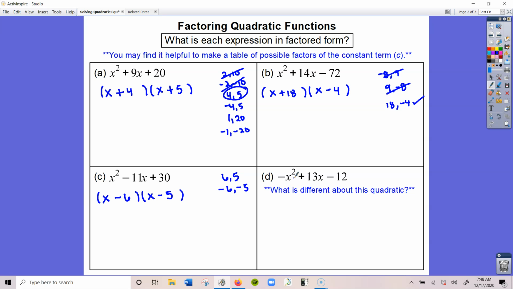Now, if we look at this last one here, we have negative x squared plus 13x minus 12. In order to be able to write out factors like this, we can't have anything in front of the x squared. And in this case, what's different about this one is that we have a negative. So what we would have to do first is to factor out a negative.